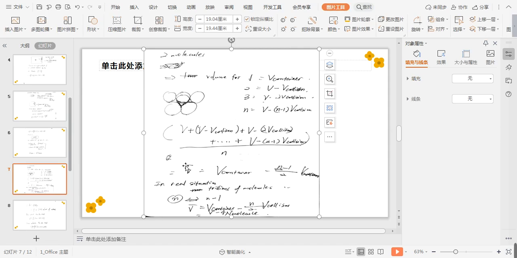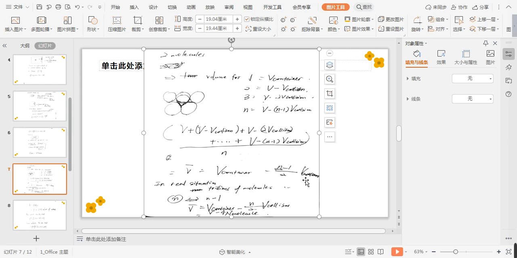And we want to find the average volume available for each molecule. So we add up the available volumes for 1, 2, 3 to n, and divide by n, and we find that the result is V container minus (n minus 1)/2 V collision.